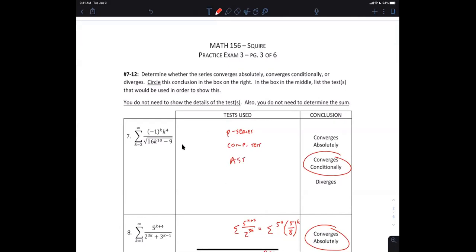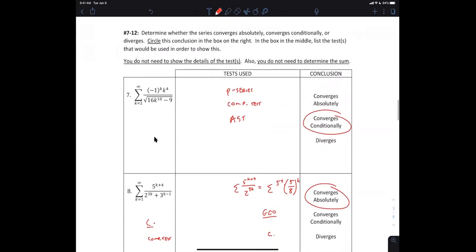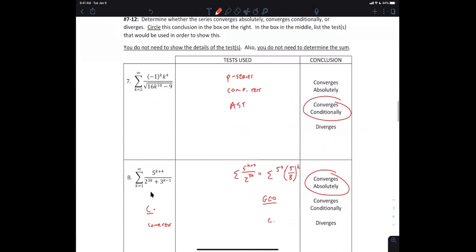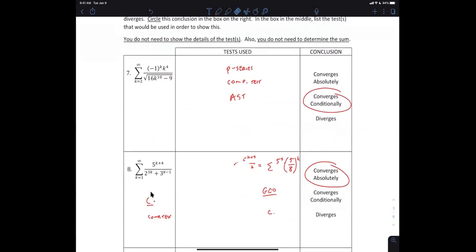That is all you would have to list for one like this. So it just depends on what specifically you're asked. This one's already positive, so it converges absolutely. You use a geometric series and a comparison test, but you don't use alternating series or absolute convergence because it's not alternating.